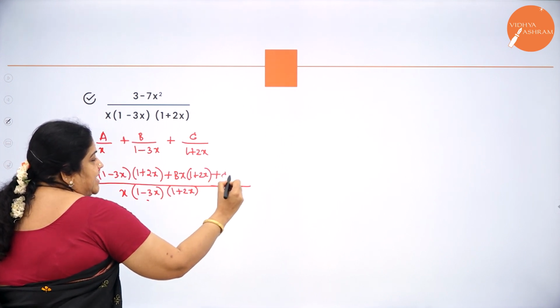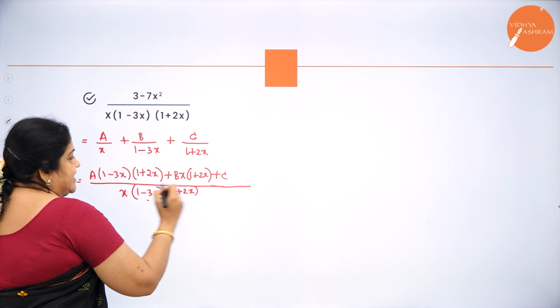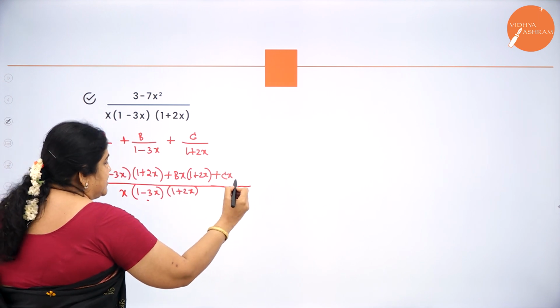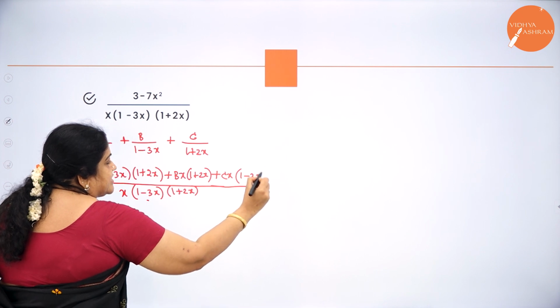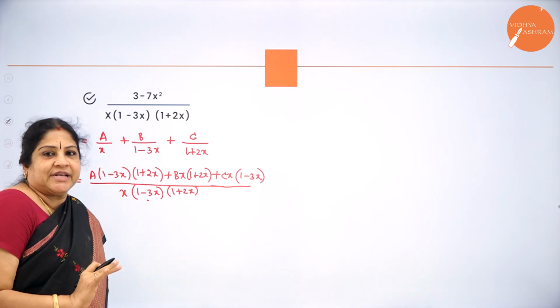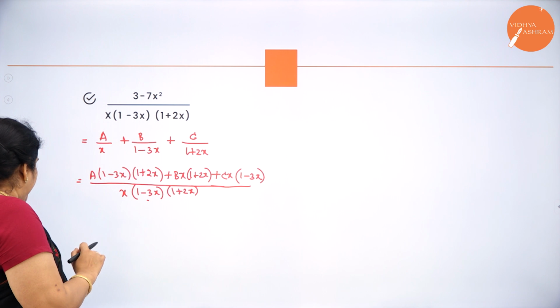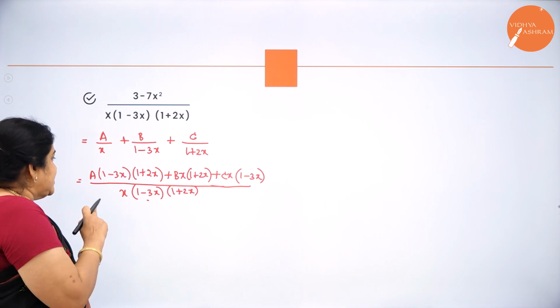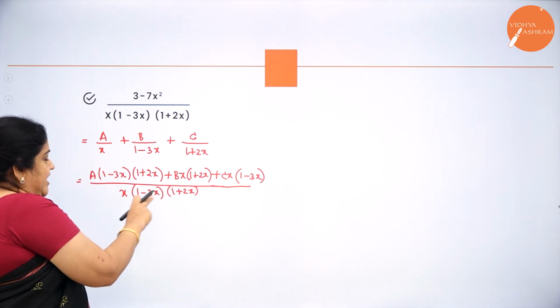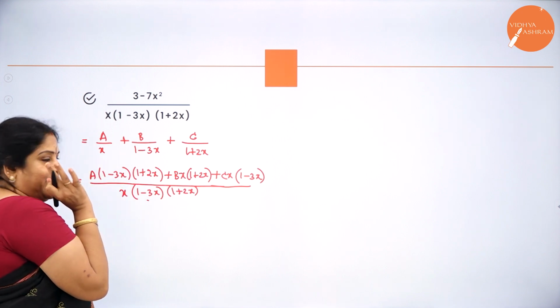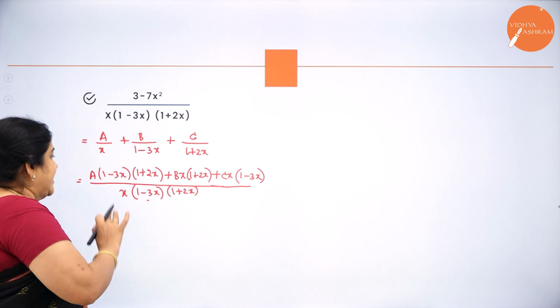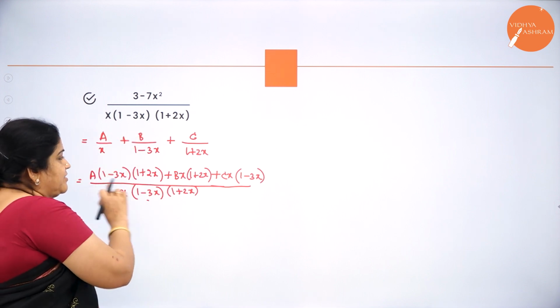Likewise, for C, which are the terms that are missing? There is an x and 1 minus 3x. I hope this step is clear. That is, we compare each of the denominators with the LCM and find out which are the missing terms and multiply the numerator by that. Next, we have to compare the numerator with the numerator.